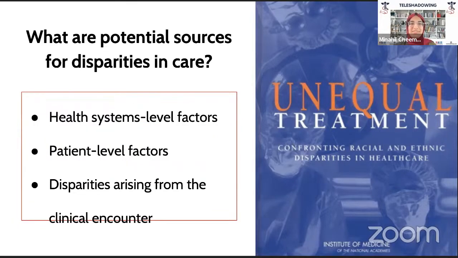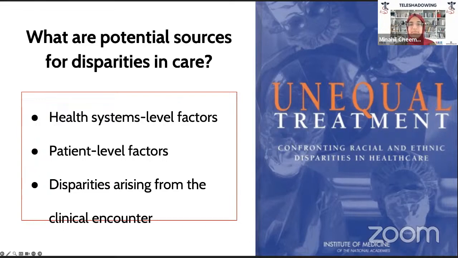So the different sources, right? There are different sources for disparities from healthcare. There's health systems level factors, which include financing, structure of care, cultural and linguistic barriers. There's also patient level factors, which include patient preferences. Maybe they might want to refuse treatment, which is totally up to them.